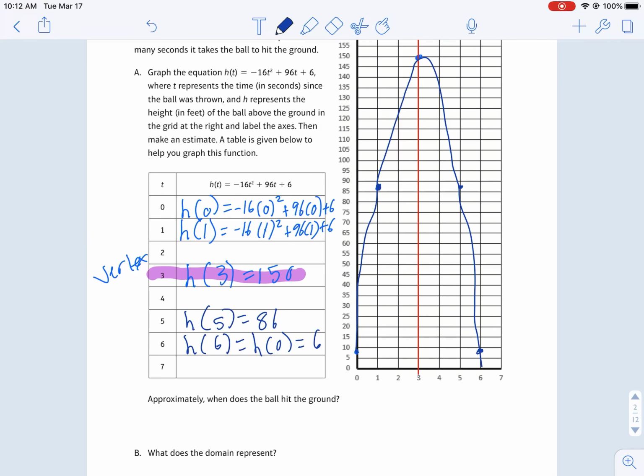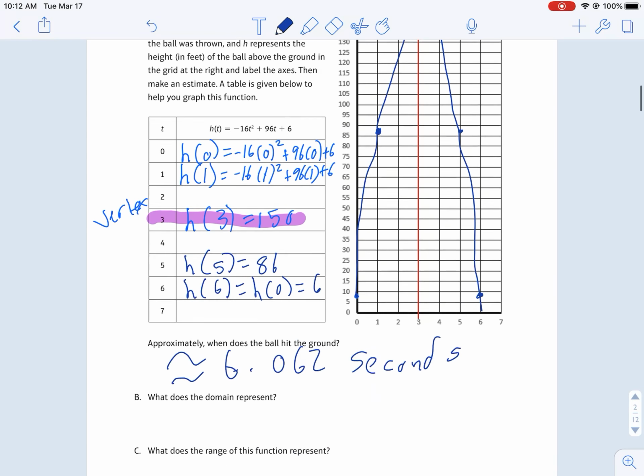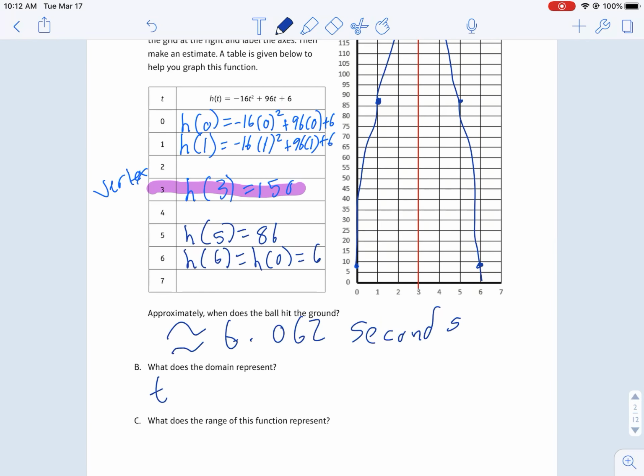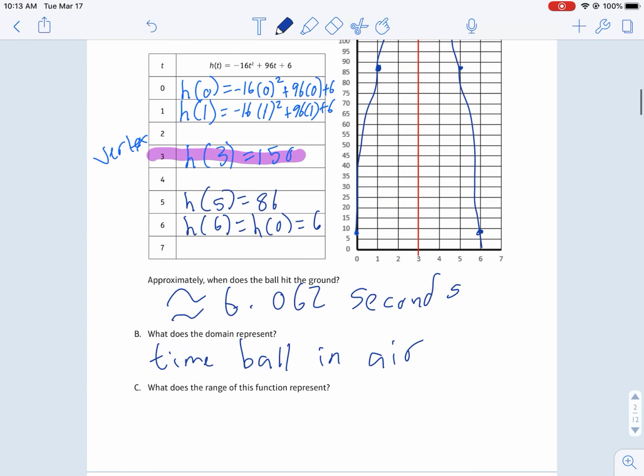Approximately when does the ball hit the ground? At about 6.062 seconds. The domain represents the time the ball was in the air, and the range represents the height of the ball.